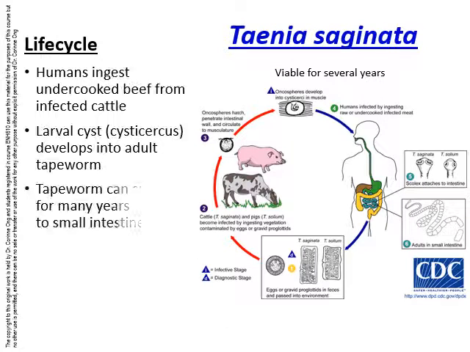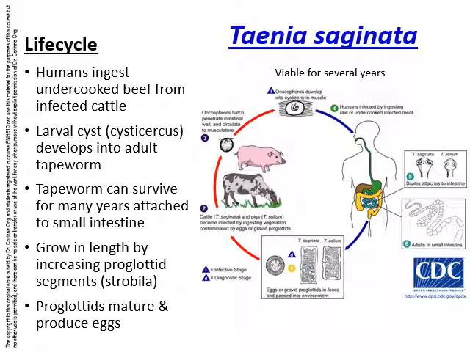Humans ingest undercooked beef from infected cattle. The larval cysts, or cysticerci, develop into adult tapeworms, which can survive for many years attached to the small intestine. They grow in length by increasing proglottid segments. The proglottids mature and produce eggs, which are shed into the environment with fecal matter.